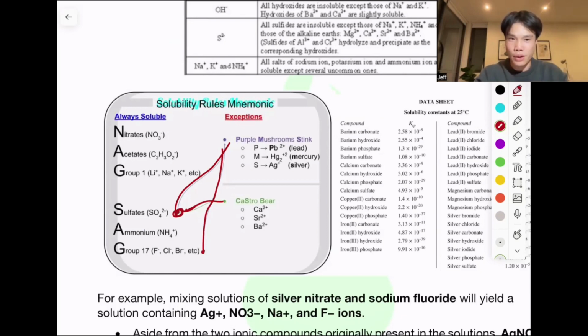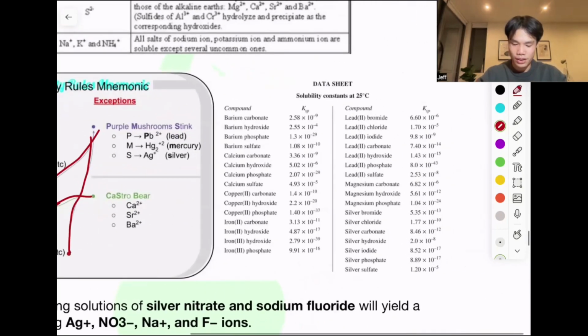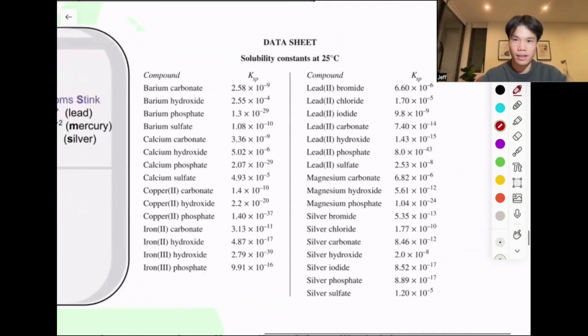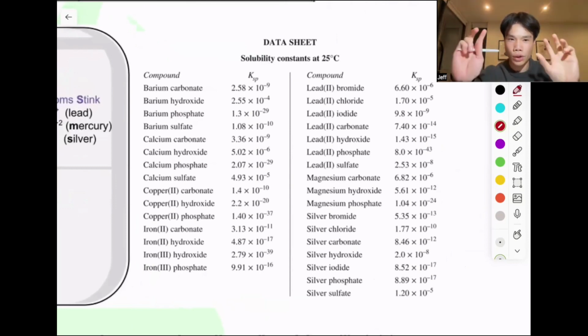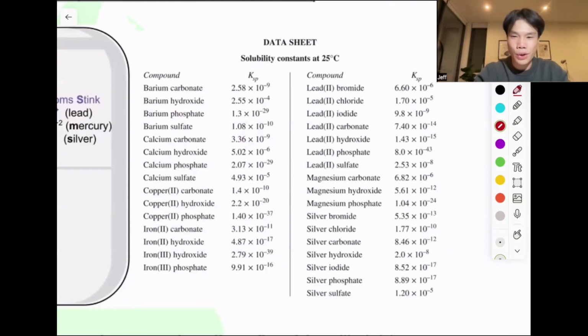There is a cheat method though, if you're really lazy, and it's this data sheet. Again, everything here on the data sheet, on these solubility constants, these are all insoluble. So if you're ever lost, you forgot your rules, you just don't know, you can always check against these constants to see whether things are soluble or not. Everything here is insoluble to some extent.